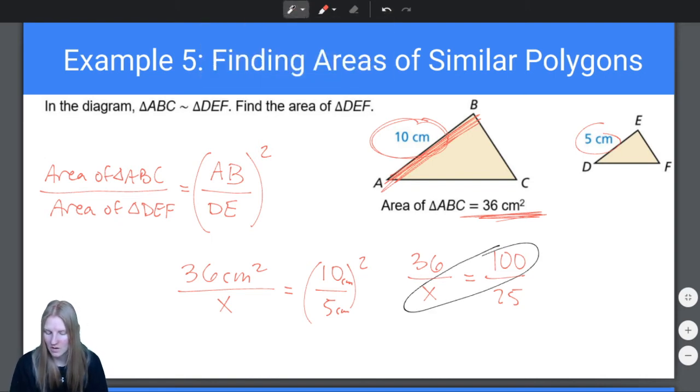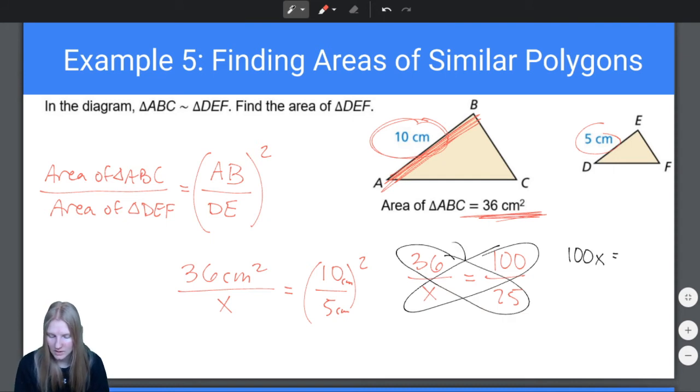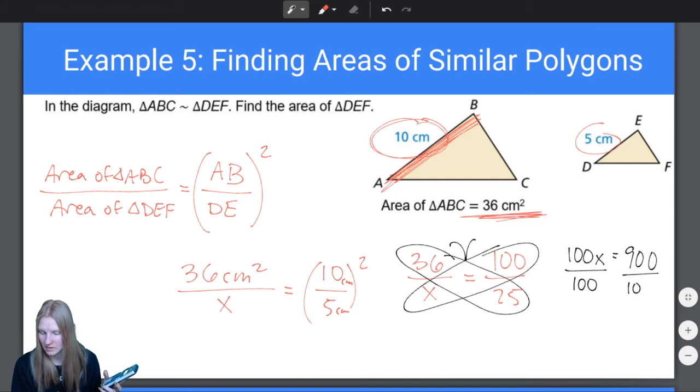And now I have 100x equals 36 times 25, which is 900. If I divide by 100 on both sides, I get that x is equal to 9.